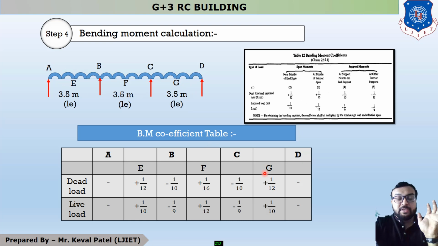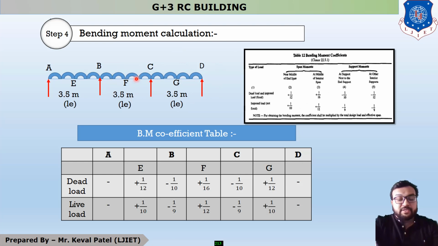So for G, your dead load coefficient is plus 1 by 12 and your live load coefficient is plus 1 by 10. Okay, now the last span is F. You can see that this is an end span, this is also an end span, so this is your interior span.